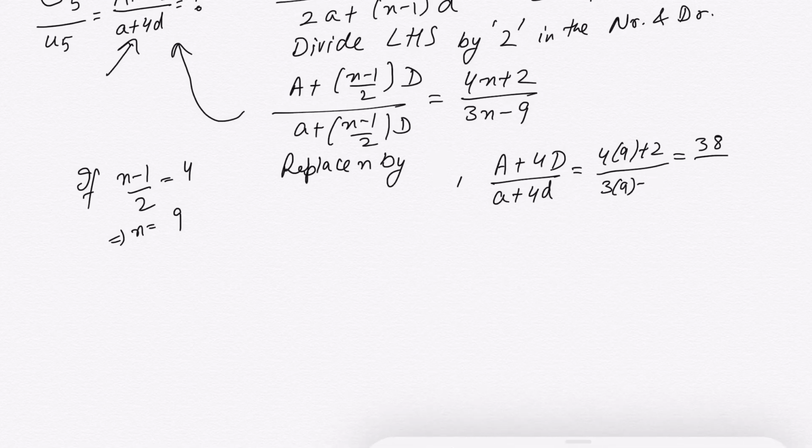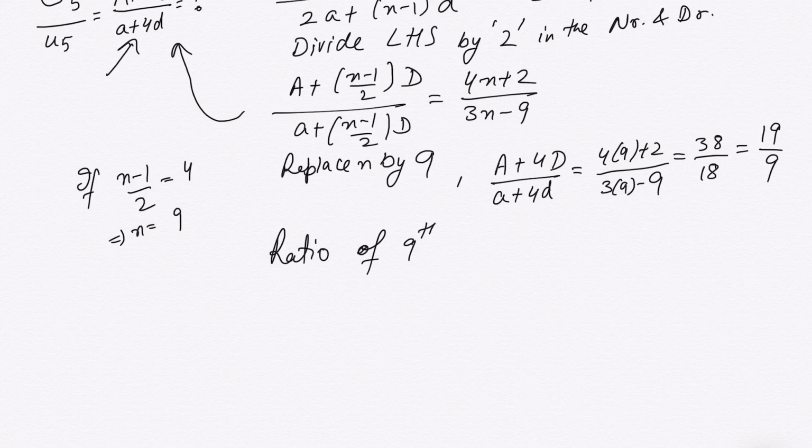So it is 3 into 9 minus 9. So what we get is 27 minus 9 is 18. So the ratio is 38 upon 18, which is 19 upon 9. So what will you write? You will say that the ratio of the fifth term is 19:9.